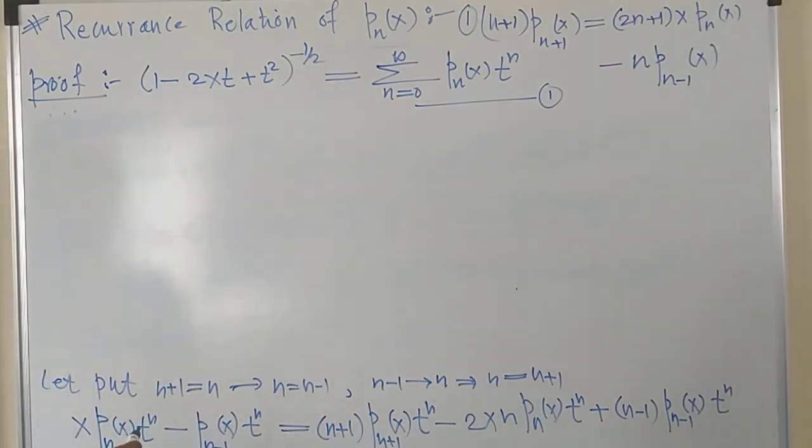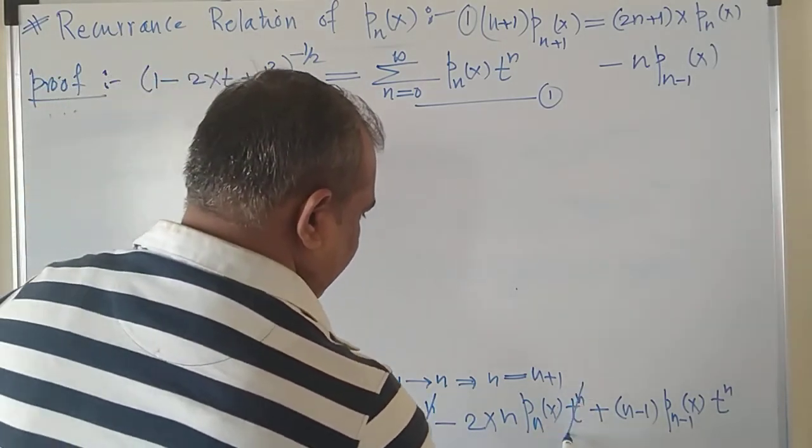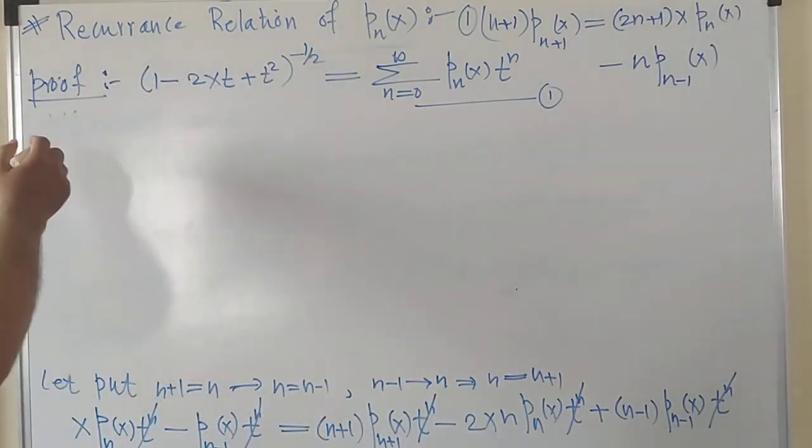Now t raised to n is common everywhere, so you can cancel out t raised to n here itself, and you can rewrite the relation whatever is left.